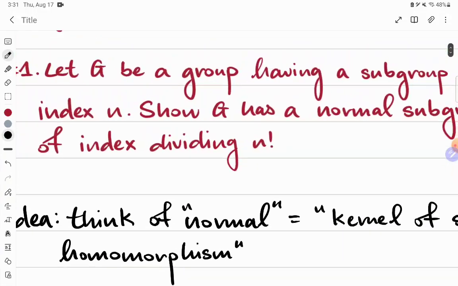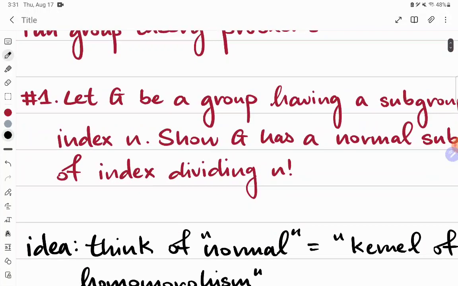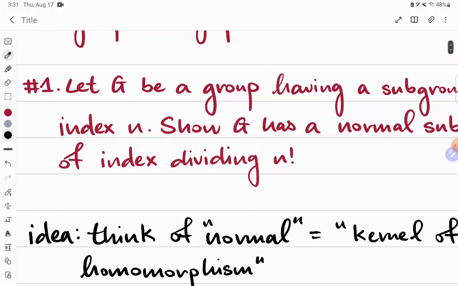Well, we also want to think of group actions, and this is really the crux of this video, to highlight why group actions can be used to prove even somewhat mundane or routine problems in group theory.